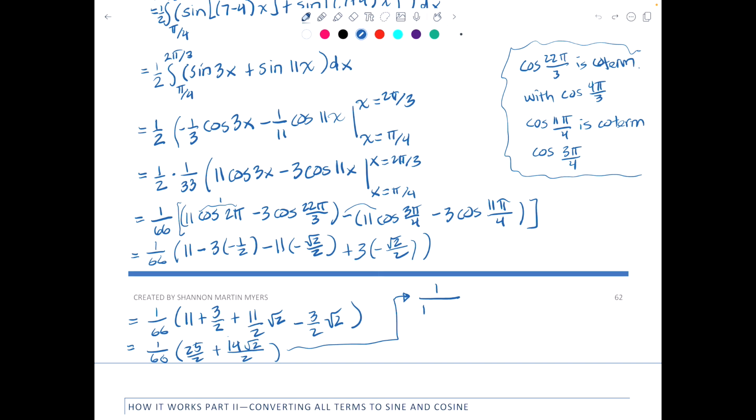Yeah, 132 times 25 plus 14 times root 2. Groovy? And that's the result.